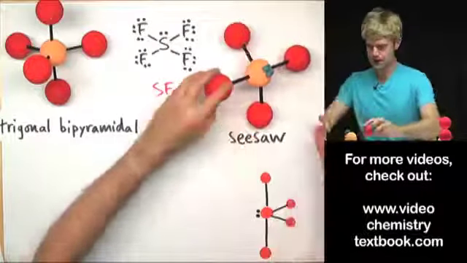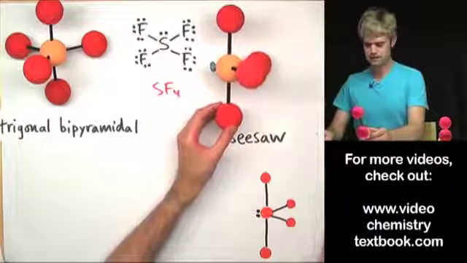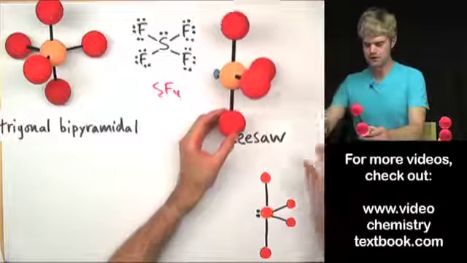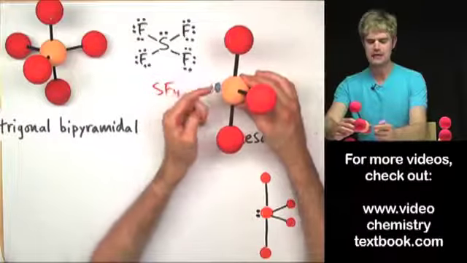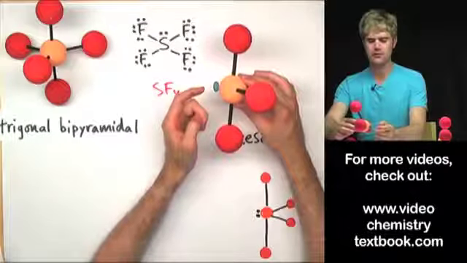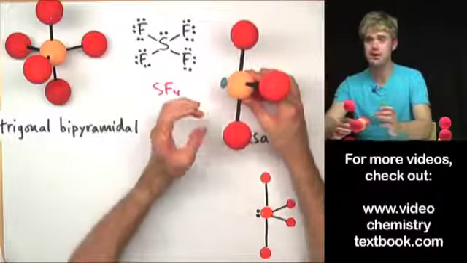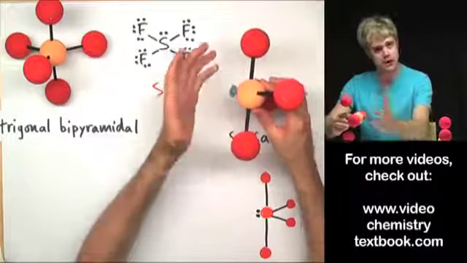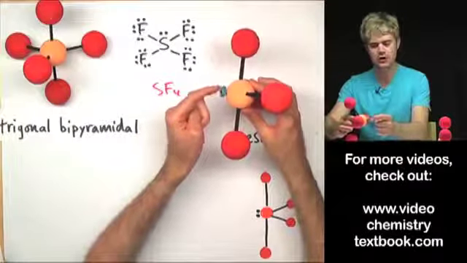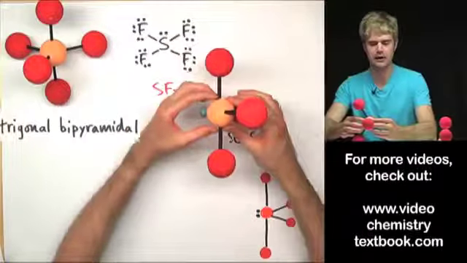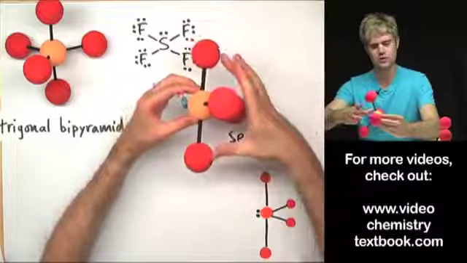Okay, here's a diagram of the seesaw. I'm trying to look at it like this. The first thing to keep in mind is that these unshared electron pairs tend to push a little harder against atoms than other atoms do. We've talked about this previously in VSEPR, which means that this unshared electron pair is going to be pushing these atoms in towards here, okay?